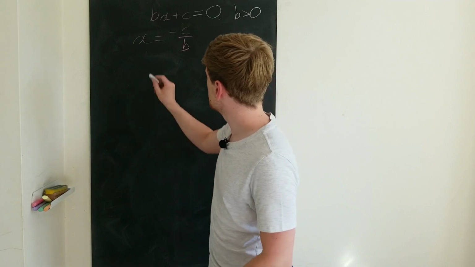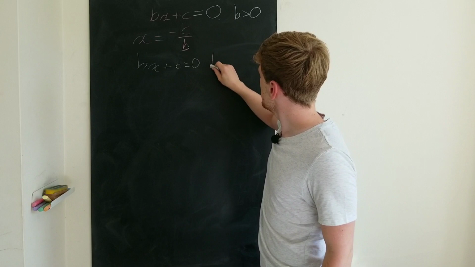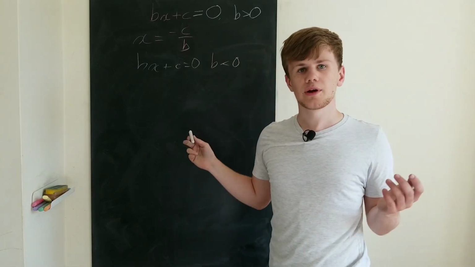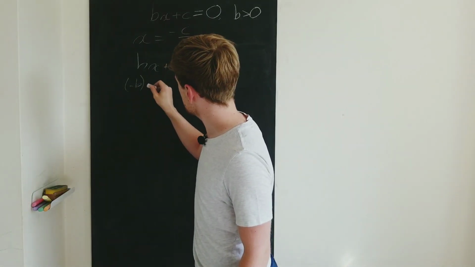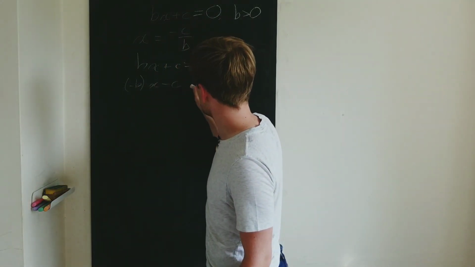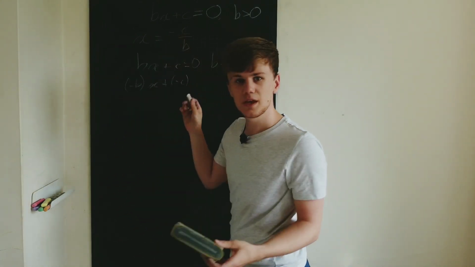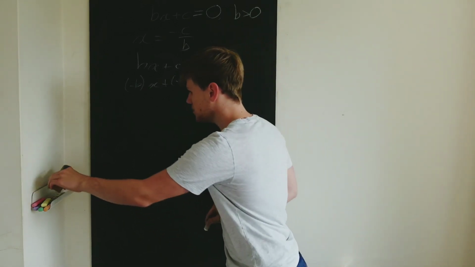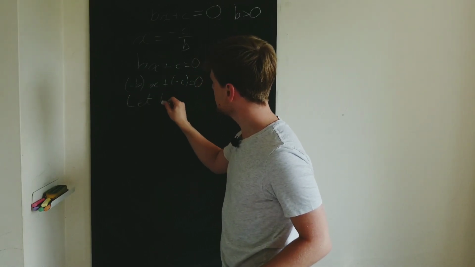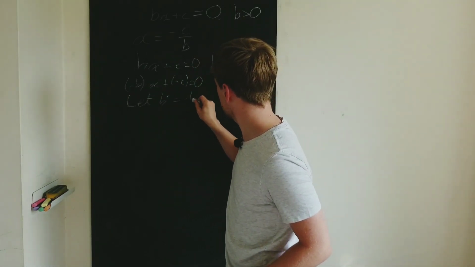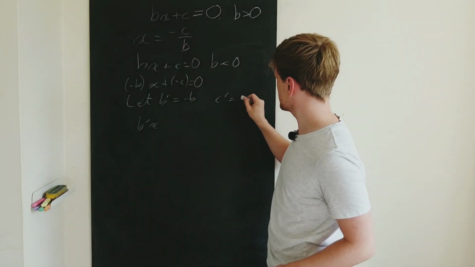Now let's suppose we want to solve the equation bx plus c equals 0 where b is less than 0. Well, we can just multiply this equation by negative 1 and we get negative bx minus c, or I suppose we could write plus negative c equals 0. And so then we could just let b dash equal negative b, and c dash equals negative c.